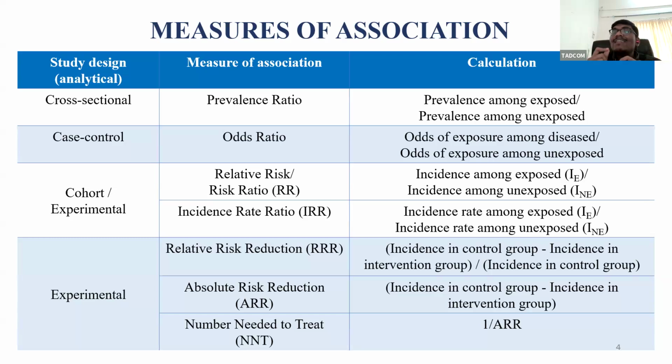In prevalence studies, if PR, that is the prevalence ratio, is equal to 2, it signifies that the exposed people have 2 times higher chance of having the disease when compared to those who are not exposed. That is the inference we give based upon prevalence ratio.